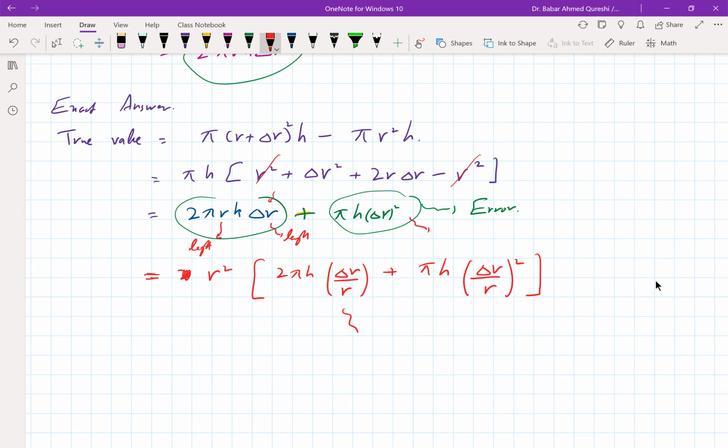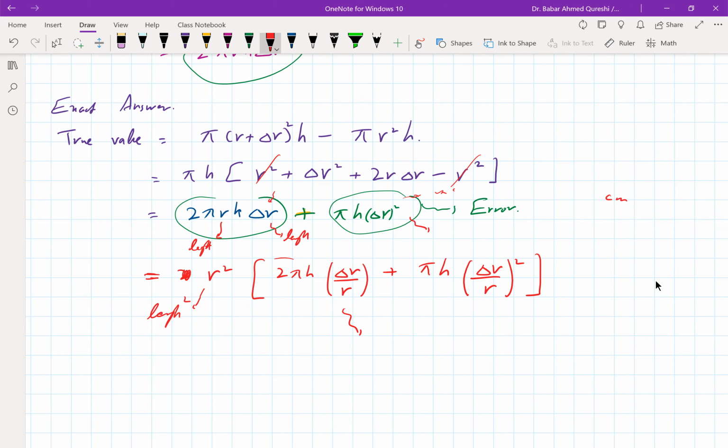Now I'm comparing dimensions. This is length square, but you don't know how to compare a centimeter or a meter with a meter square. That doesn't make any sense. You can't compare apples and oranges.